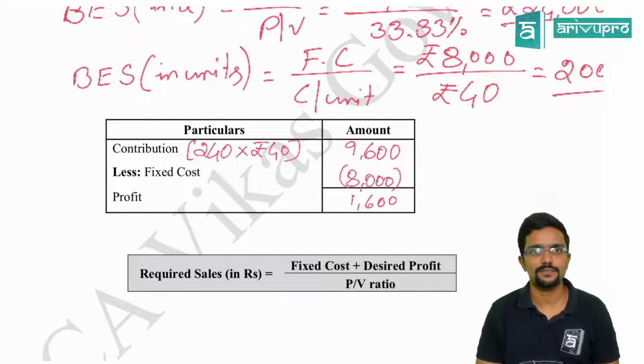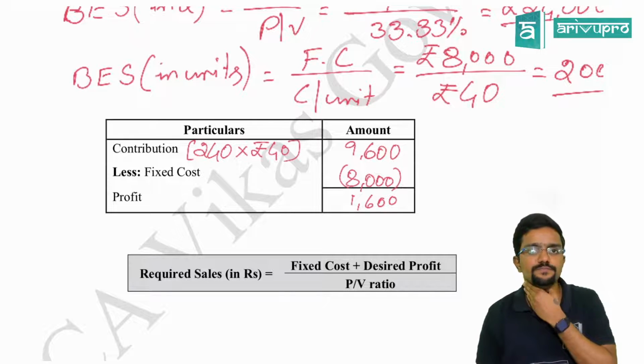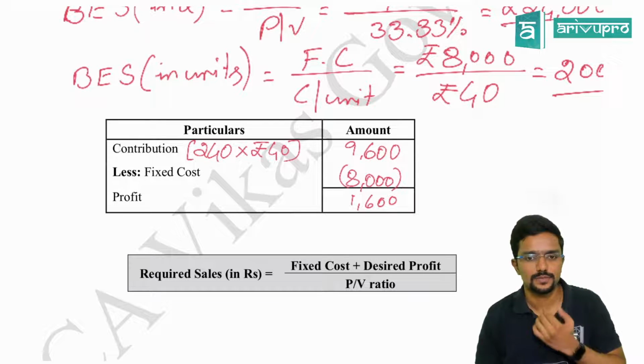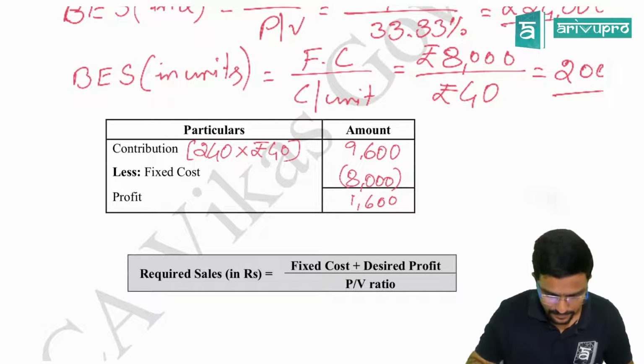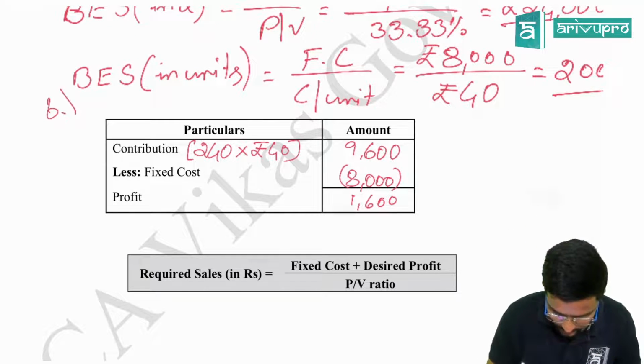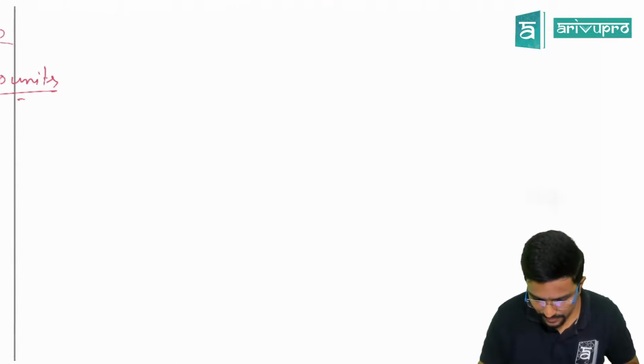This is the simple way of calculating. I will also show you the other, alternative way. This is B.